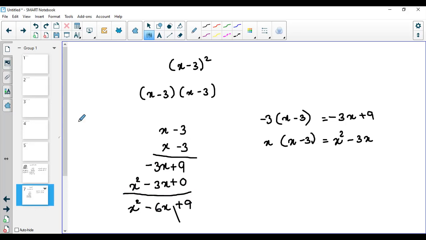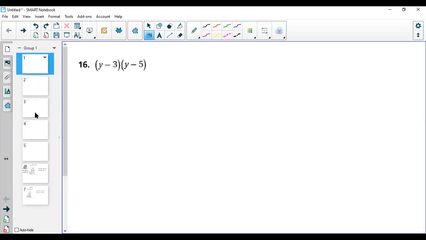Now, FOIL method, as I told you before, is easier to solve when you have just 2 terms like this. But what if you have a question like this? In this case, when you're using the FOIL method, you need to multiply each term once using the FOIL method.